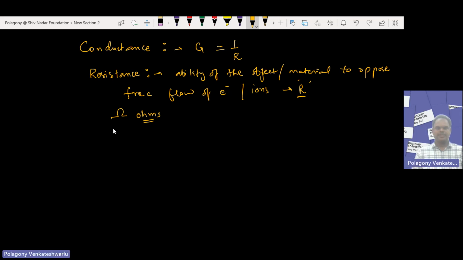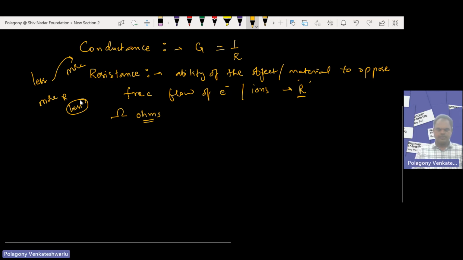If you understand resistance, then you will understand conductance. The less resistance a material offers, the more the conductance. If the material offers more resistance, the conductance will be less. So conductance is equal to 1 upon R, the inverse of R. The resistance of materials depends upon the nature of the material.